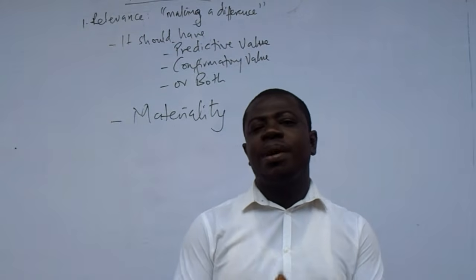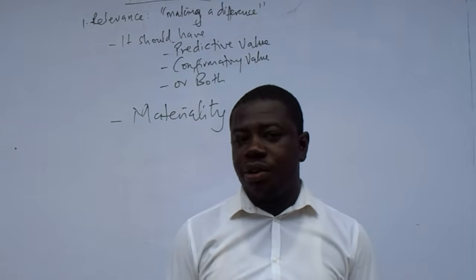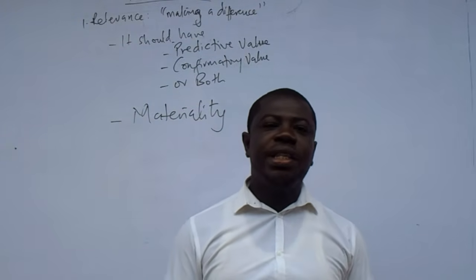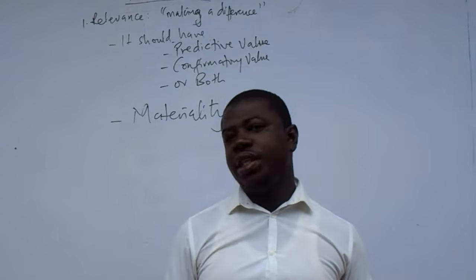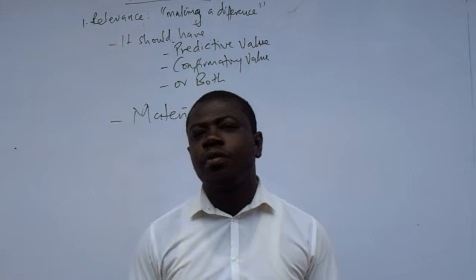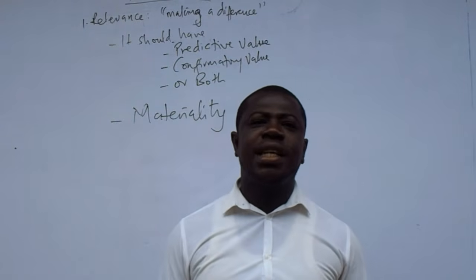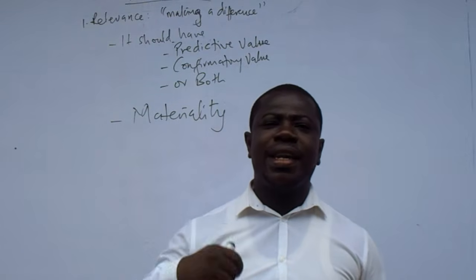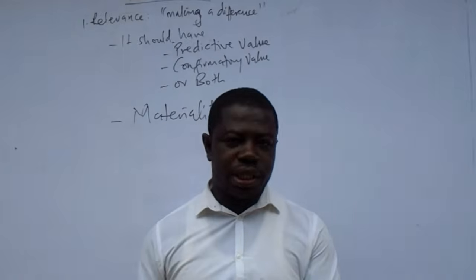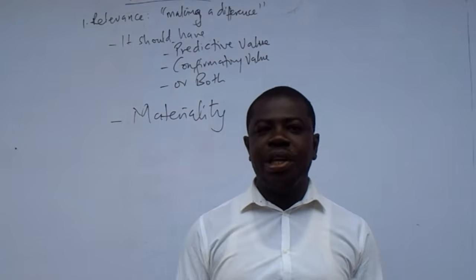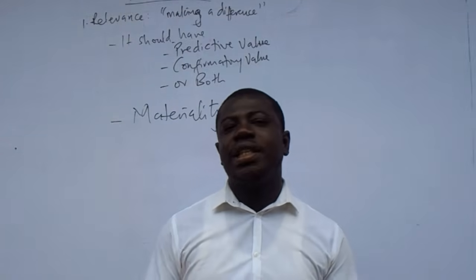We are saying that when we say information is material, it means that the information has the ability to make a difference or influence the decision of the users. So when the information has the ability to influence the decision of the users, then we say it is material.